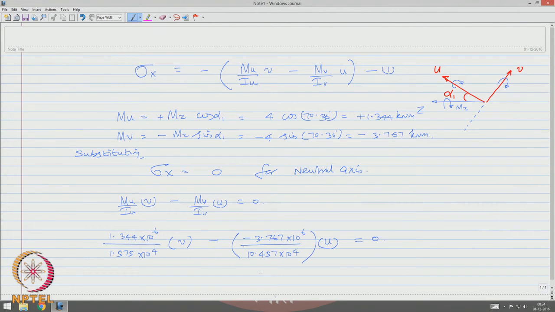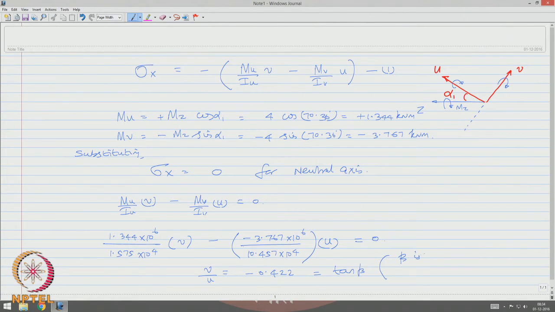Which shows that v by u will be minus 0.422. This is actually equal to tan beta, where beta is the angle between the positive principal axis UU and the neutral axis.